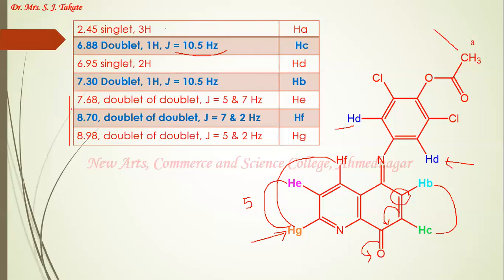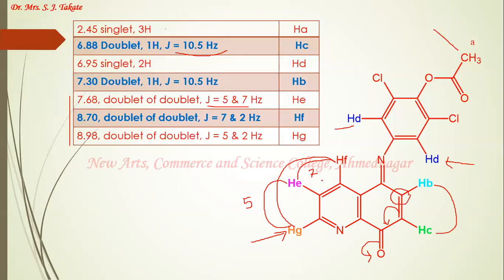The signal 7.68 is because of the He proton, which shows 5 Hertz and 7 Hertz coupling constant values in the form of a doublet of a doublet. The He proton couples with Hg by 5 Hertz, while it couples with Hf by 7 Hertz. Here also you can easily notice that Hg has a 5 Hertz coupling constant value, while Hf has a 7 Hertz coupling constant value.